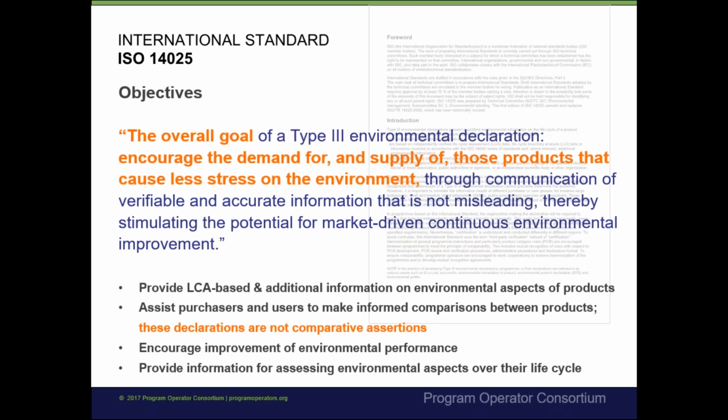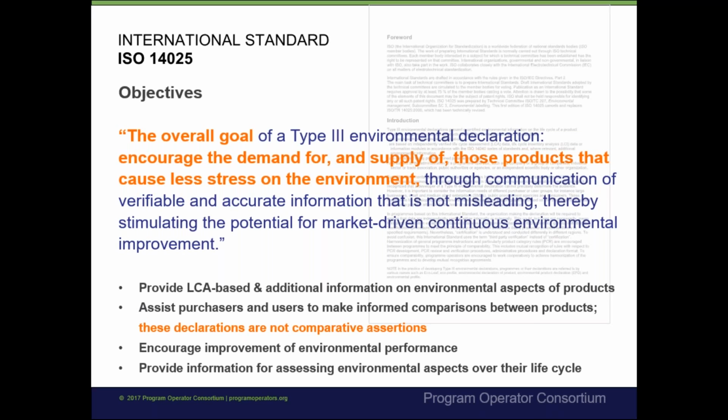The last point we're going to make about 14025 right now is in the objective section. It says the overall goal of a Type 3 environmental declaration is to encourage the demand for and supply of those products that cause less stress on the environment through communication of verifiable and accurate data, thereby stimulating the potential for market-driven continuous environmental improvement.